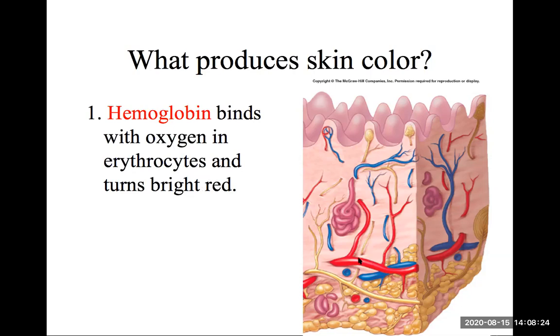The hemoglobin can also bond with carbon dioxide, but when it does, it's a darker color. It's not really blue. That's not very accurate, but inside your veins, it has a bluish look. So if you see arterial blood, which hopefully you have not because you need a pretty serious injury to see that, it is a much brighter color.